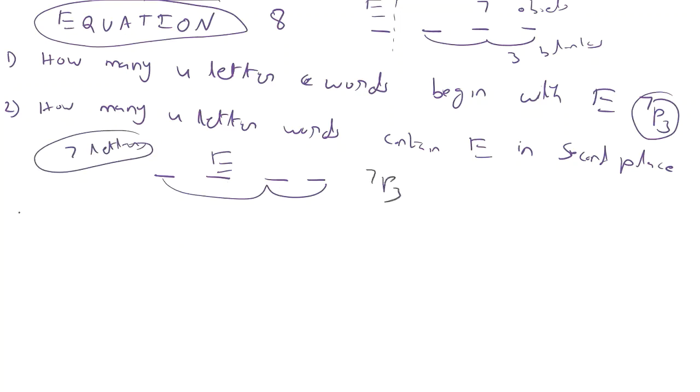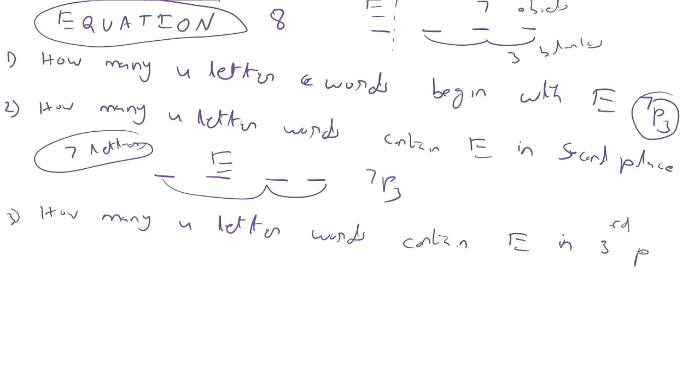Now the next question: how many 4-letter words contain E in third place? Which is again going to be 7P3, because we have to fill these 3 blanks with 7 letters.